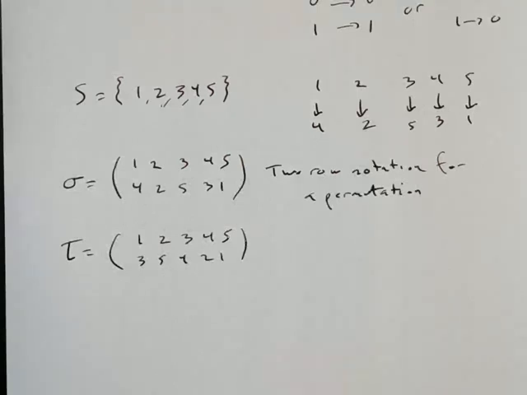Notice the top row stays the same, so it's really only the bottom row that matters. But here's another function, which I will call tau. And tau's bottom row is 3, 5, 4, 2, 1.